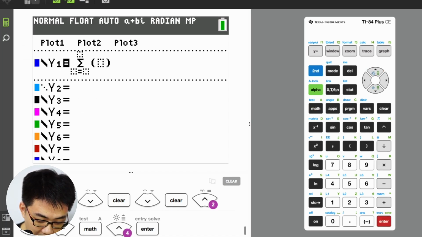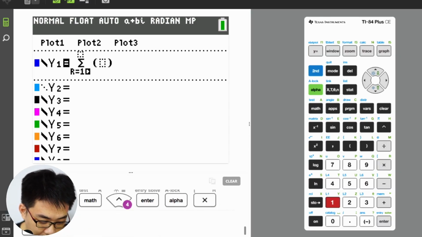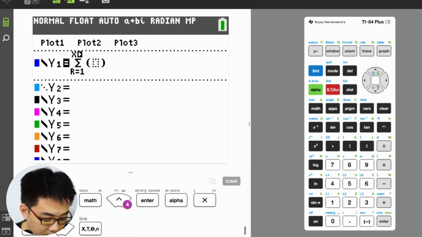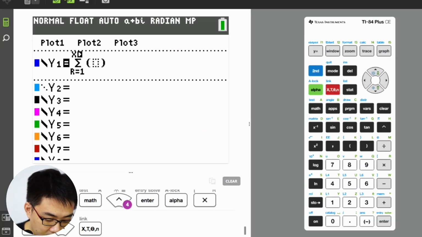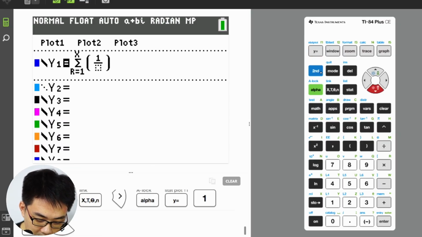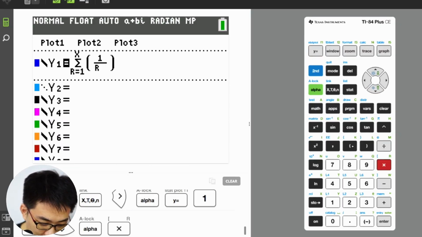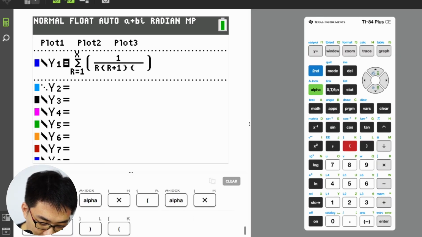So this will be alpha, r equals 1, then the top put x. This is the important part. This is r plus 1, so this will be fraction 1 over r plus 1, r plus 2.